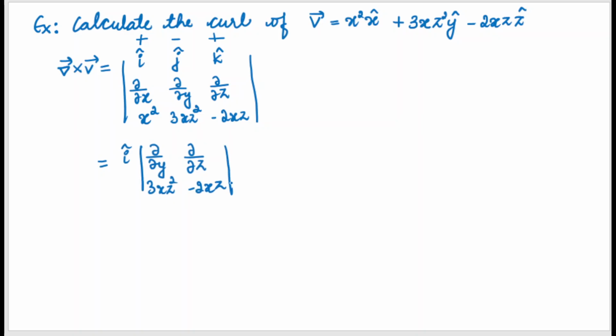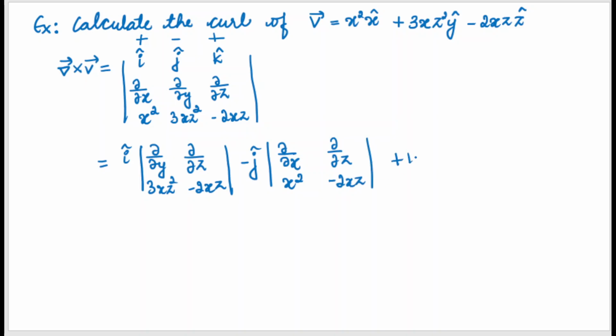The same thing we are doing for j cap. Instead of plus, here it should be minus j cap. Remove the first row and the second column. Remaining terms you write in determinant form: ∂/∂x, ∂/∂z, here it will be x², here it will be −2xz, right?